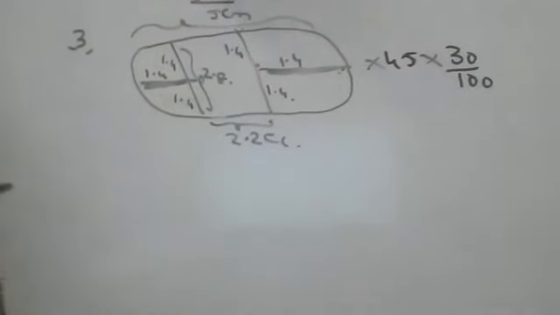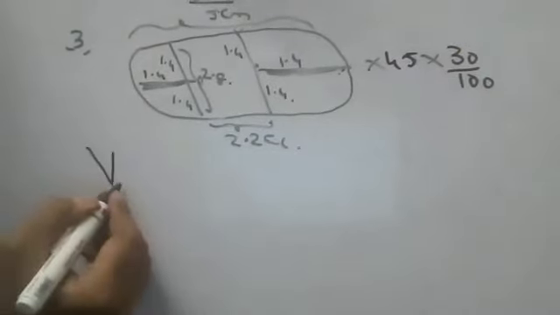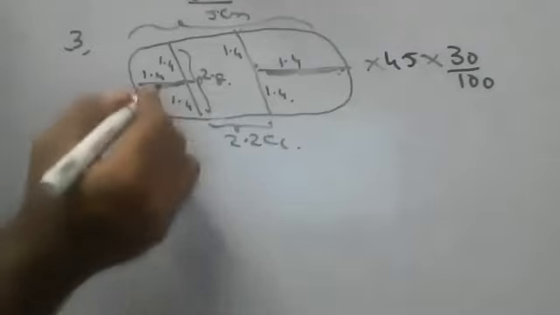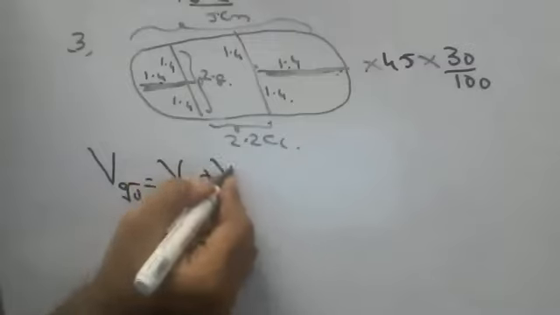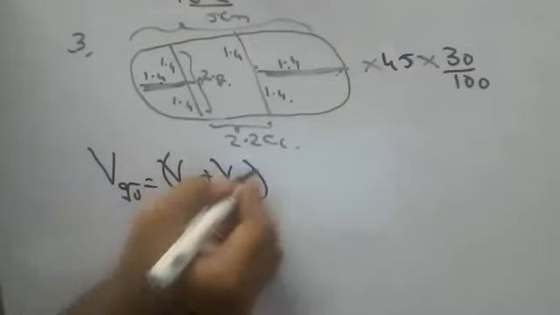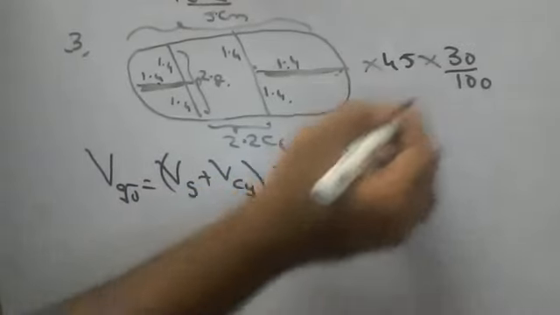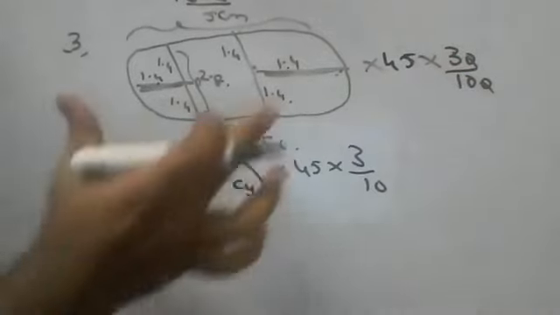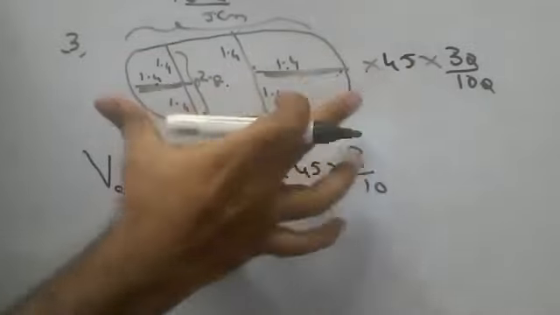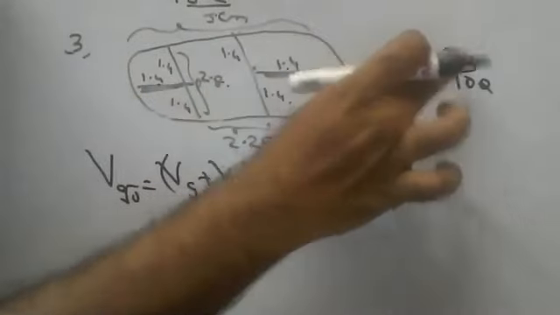Percent means by 100. Now, total volume of a gulab jamun is 2 hemispheres, which is equal to 1 sphere. Volume of sphere plus volume of cylinder into 45 into 3 by 10, 0 0 cancel. 30% sugar syrup. 1 gulab jamun into 45, total volume of 45 gulab jamuns with 30% sugar syrup.